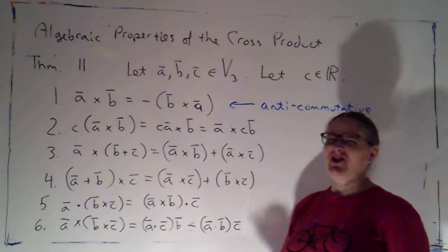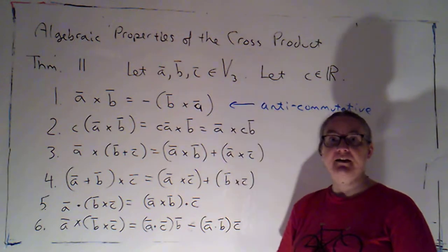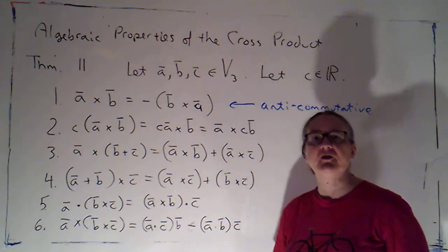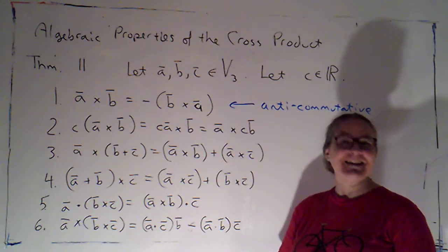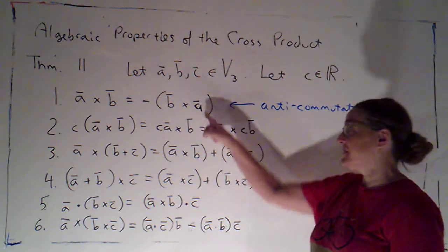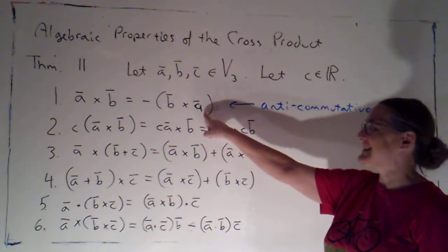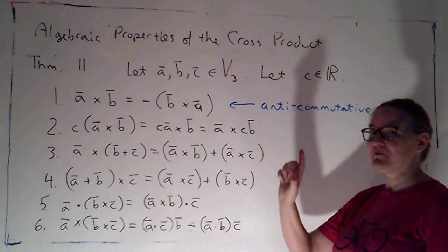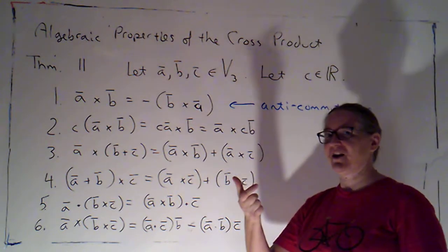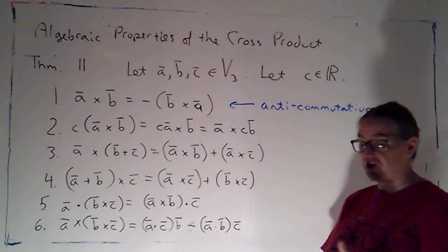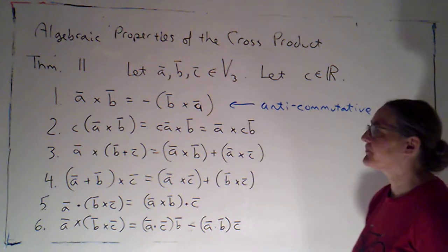So if I had just asked, is the cross product commutative? What's your gut tell you? Probably a lot of you would say, yeah, of course it is. And the answer is no, it's not. It's anti-commutative. If you reverse the order of the cross product, you reverse the direction of the result.